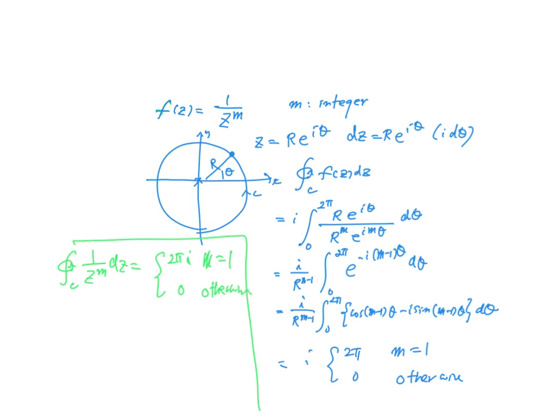It's very odd because for m greater than 1, the function is still not finite and not differentiable at the origin, right? So you cannot definitely apply Cauchy's integral theorem. Nevertheless, if you do the explicit calculation, it's still 0 for some very interesting reason. And this is really important for the later analysis.